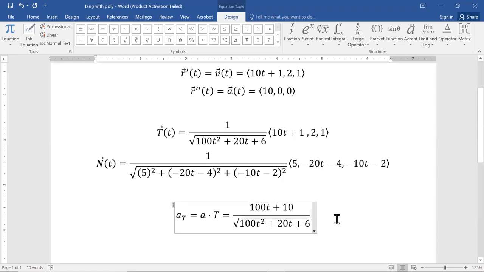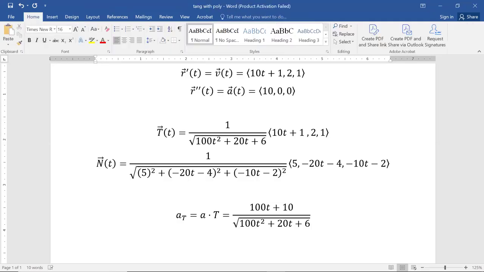In a similar way, we could do the a sub n by taking the dot product of acceleration with my normal vector. That can be done.